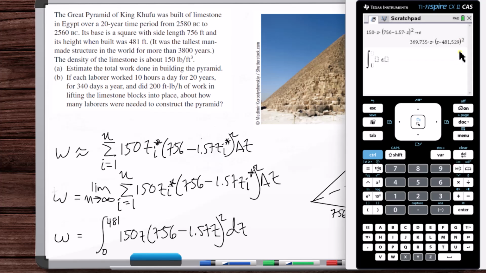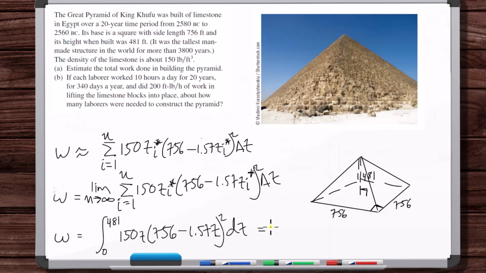All right, now we want to do the definite integral from 0 to 481 of the equation with respect to z. We get 1.66 times 10 to the 12. That's going to be in foot-pounds.